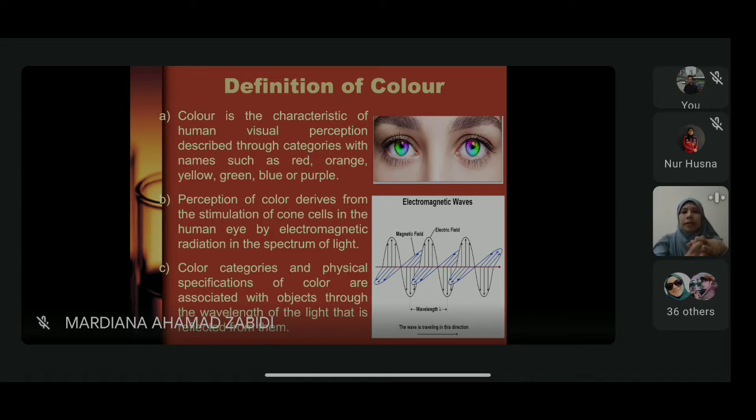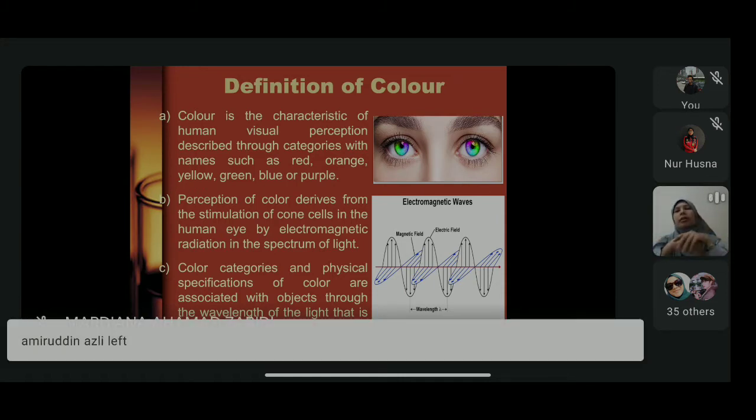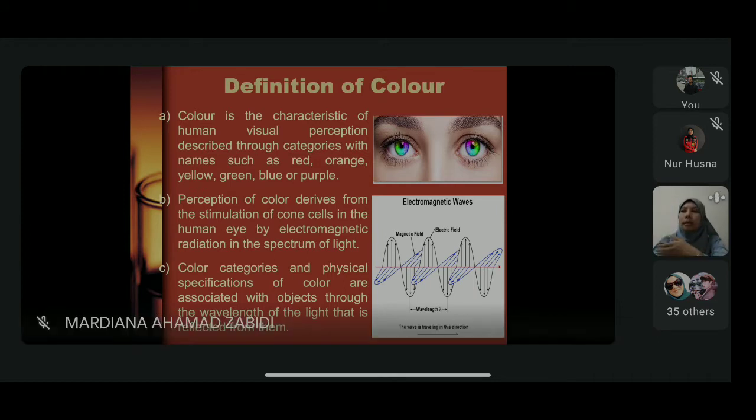Perception of color is derived from the stimulation of cone cells in the human eye by electromagnetic radiation in the spectrum of light. When we want to see color, of course, we need to have a light source. That light source is the radiation source that is radiated on the surface of the product, and only then are we able to see the color of that product.